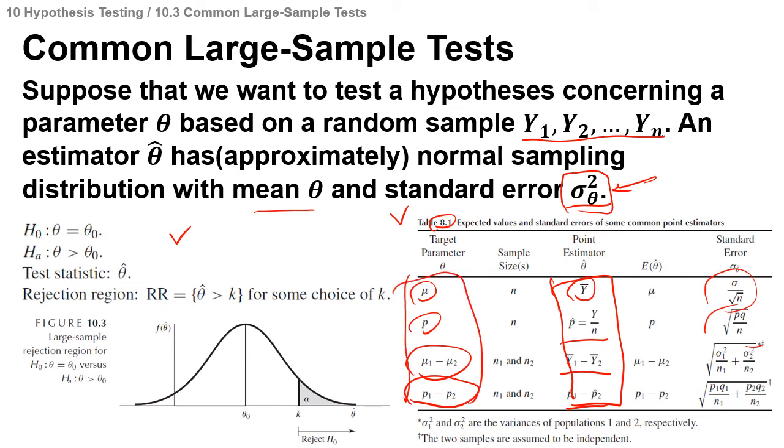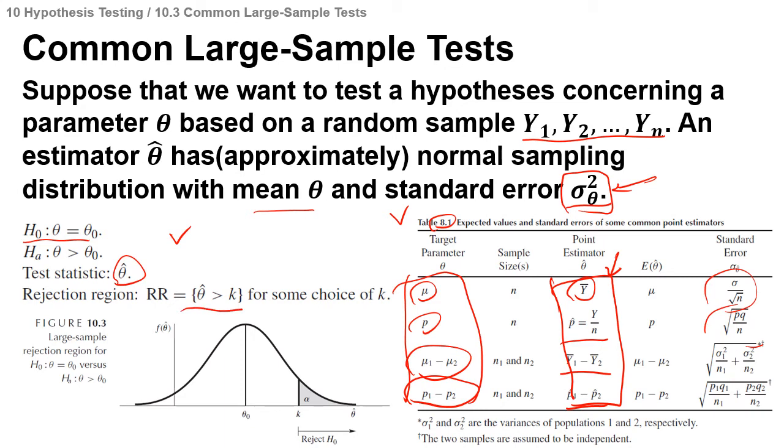Okay. So here's an example. Let's say the null hypothesis is theta equals theta 0, and the alternative hypothesis is theta is greater than theta 0. Let's say our test statistic is theta hat, and the rejection region would be theta hat greater than k.